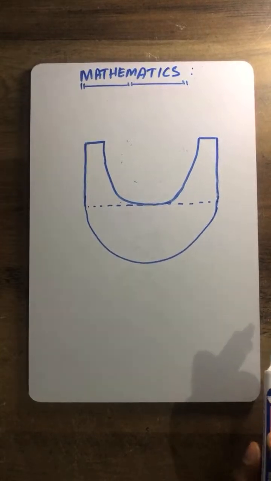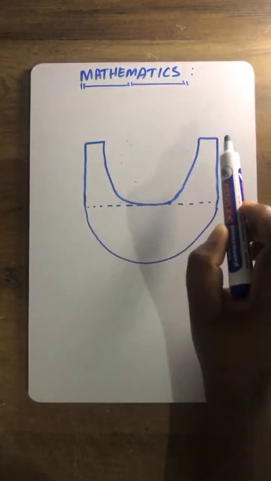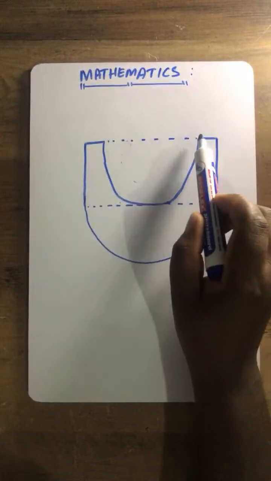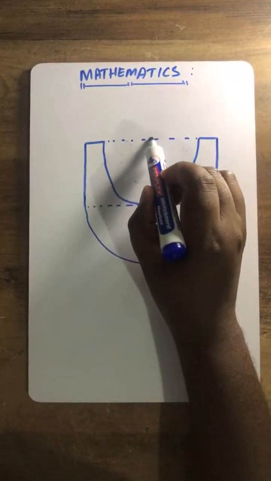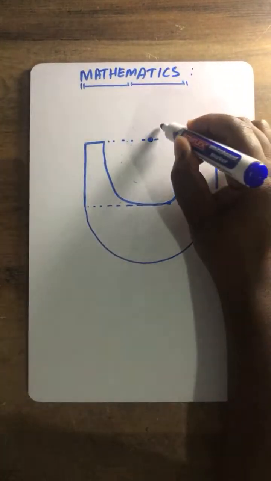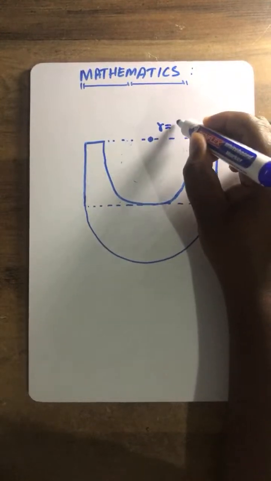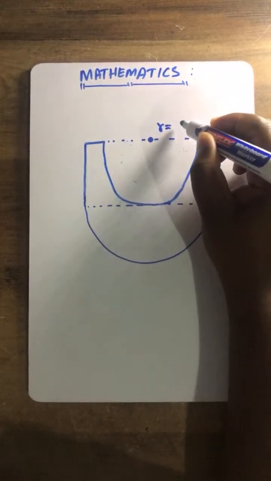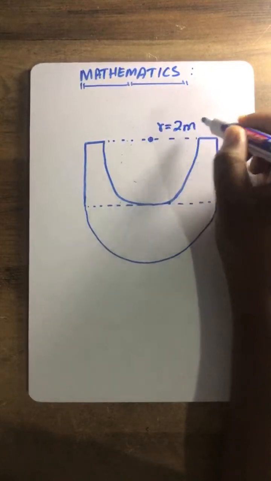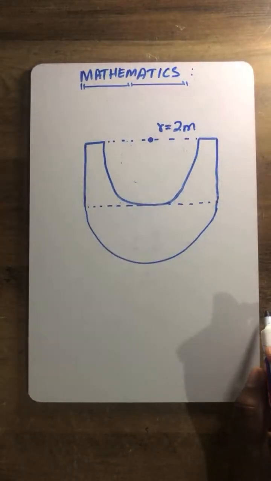Yes. This is half a circle there. This is half a circle there. Let's say the radius there is equals to 2 meter.